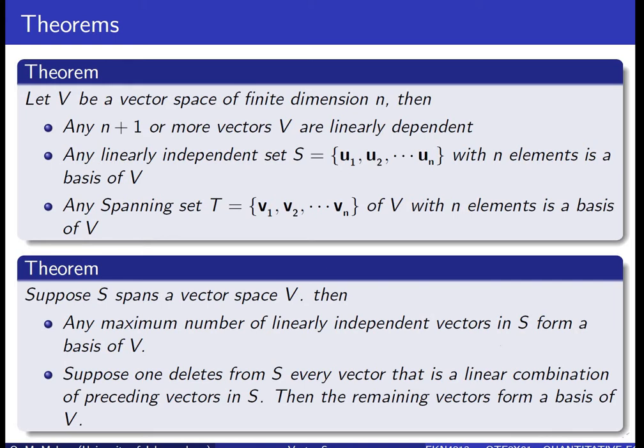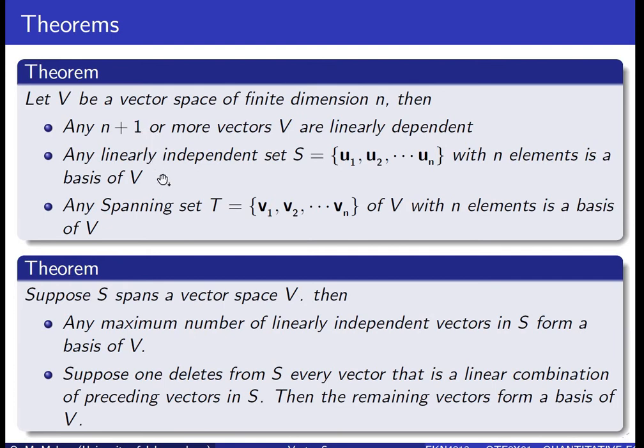Any linearly independent set S equals u1, u2, all the way to un with n elements is a basis of V. For instance, number 1 simply says that 4 vectors in R3 cannot form a basis of R3.